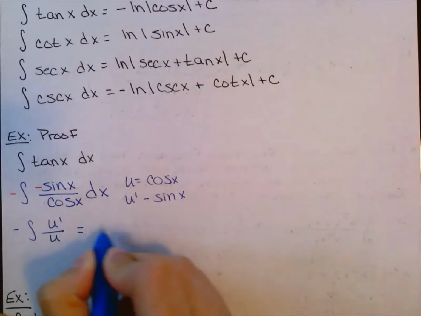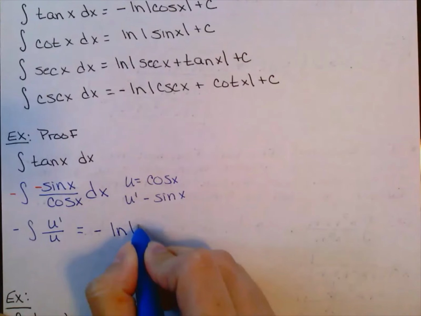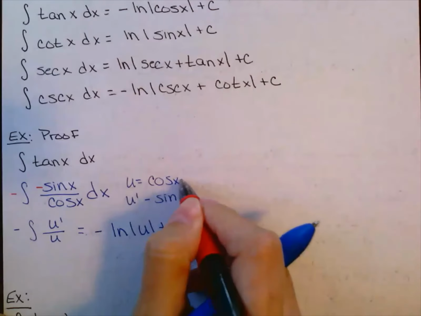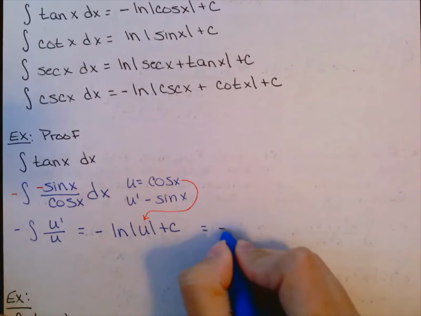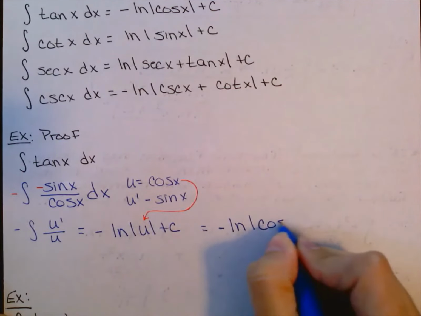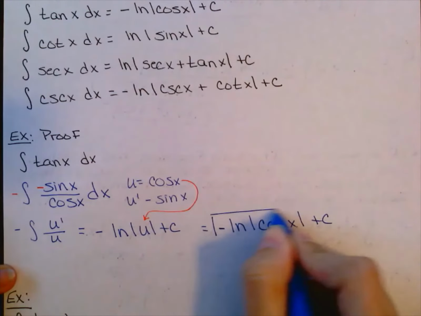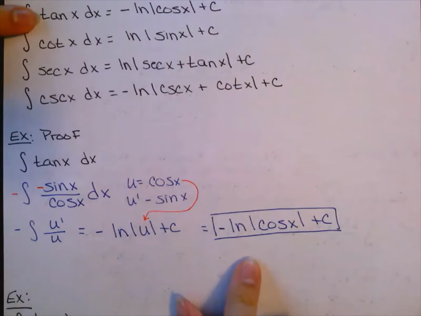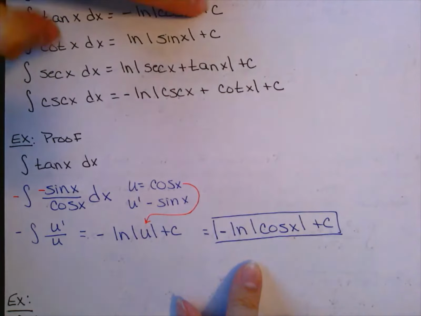And we know the answer to that, we'll bring our negative, is ln absolute value of u plus c. Put that u back in, and now we have negative ln absolute value, my u is cosine of x plus c. And there's the proof, just to see that the antiderivative of tangent is negative ln absolute value of cosine, plus c.